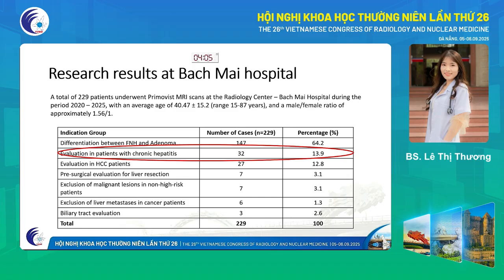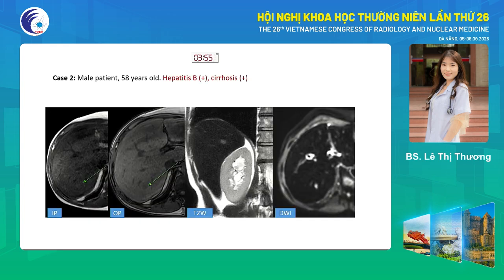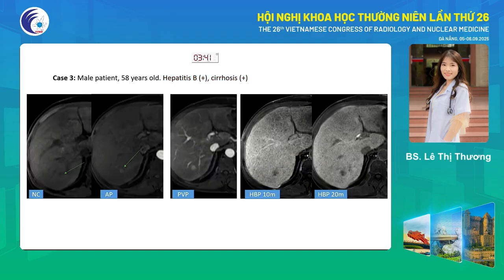For patients with chronic liver disease, it's important to focus on detecting hepatocellular carcinoma lesions to help patients have timely treatment strategies. For example, a male patient, 58 years old, with hepatitis B and cirrhosis. On MRI, the image shows a nodule with increased T2 signal, slightly decreased signal on T1, and restricted diffusion.